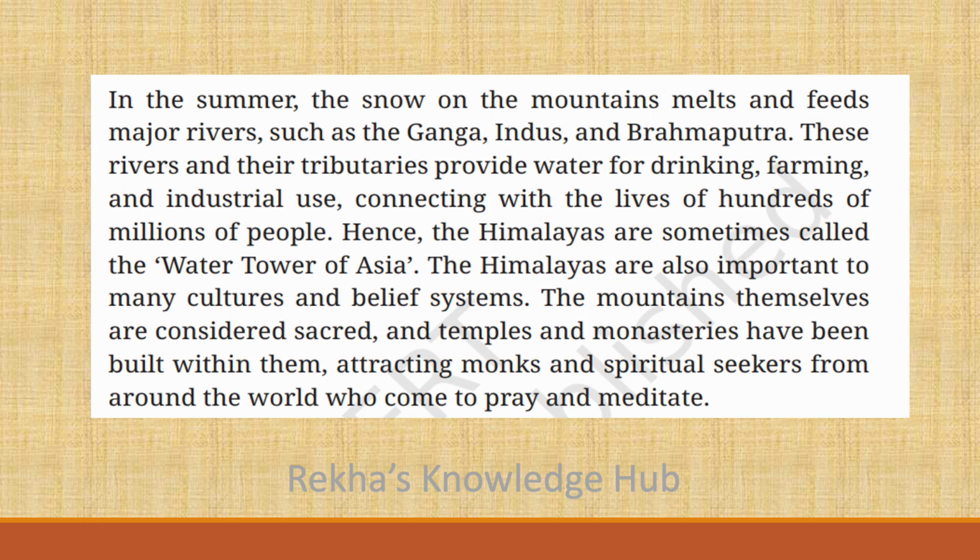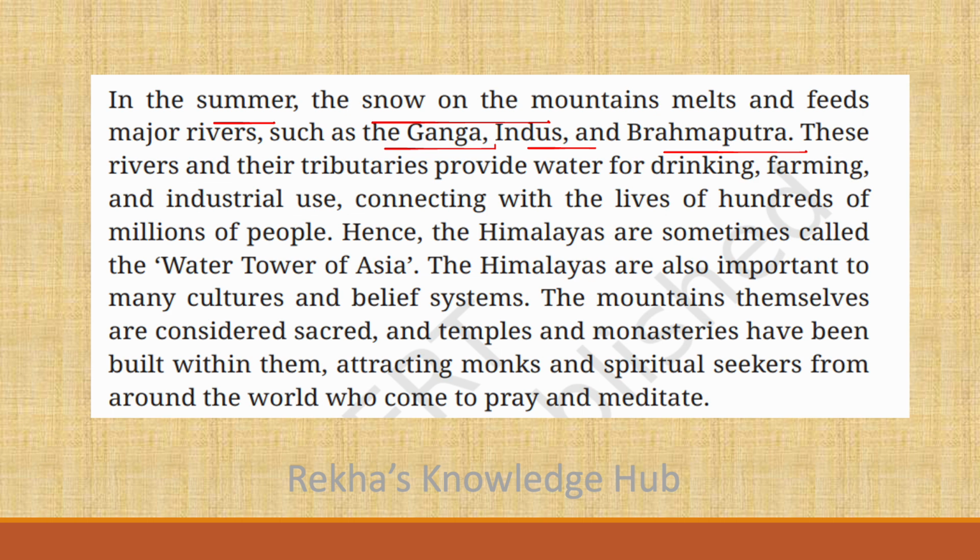In the summer, the snow on the mountains melts and feeds major rivers such as the Ganga, Indus, and Brahmaputra. When it gets warm in the summer, all the snow on the tall Himalayan mountains starts to melt.